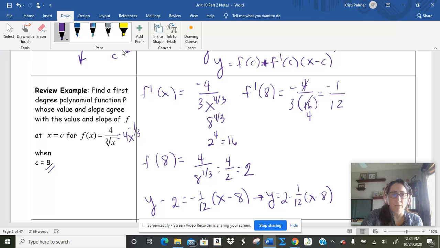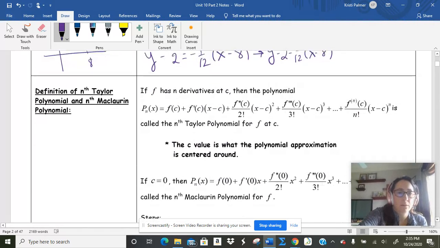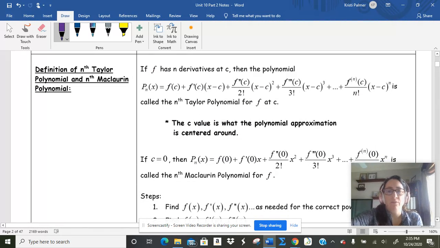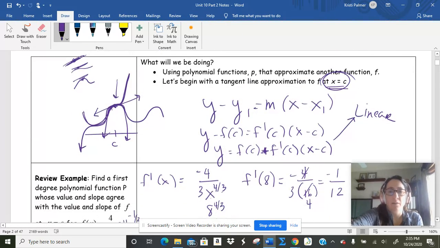Whatever that curve looked like, if I zoomed in and zoomed in when x is 8, wherever that would be, then this would look linear. So if you look, this part right here is what we just did up here.